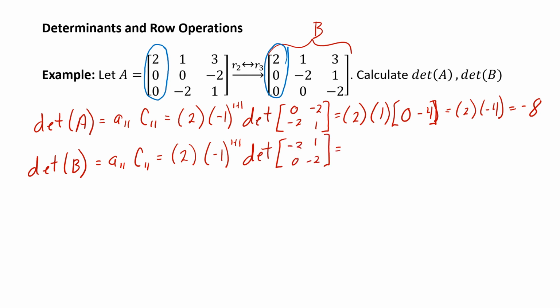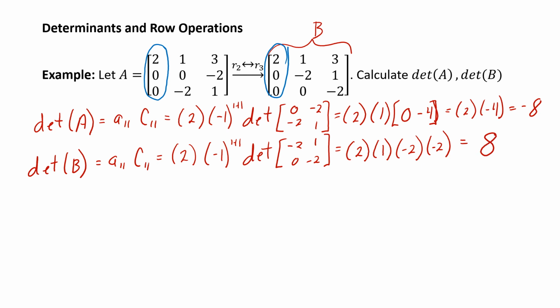Notice though it's a diagonal matrix, so I can just multiply the entries in the diagonal to get the determinant. So this becomes 2 times 1 times negative 2 times negative 2. Multiply those all together. That gives me 8.